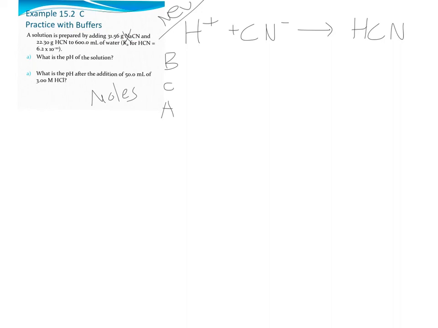So when we say we have 50 milliliters of 3 molar HCl, we have 0.15 moles of HCl. And that's where my hydrogen's coming from, because that's my main source of hydrogen, that strong acid that was just added. The cyanide, we calculated on the last problem, how many moles of the sodium cyanide we have, was 0.644.